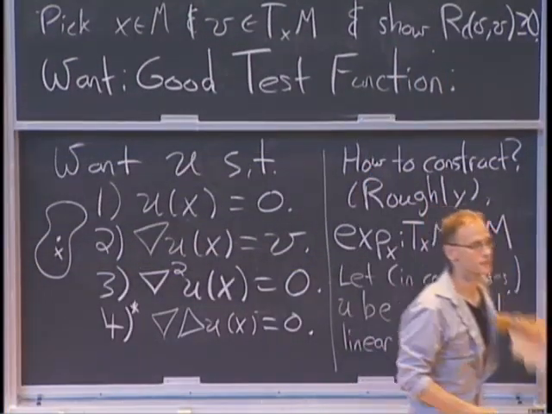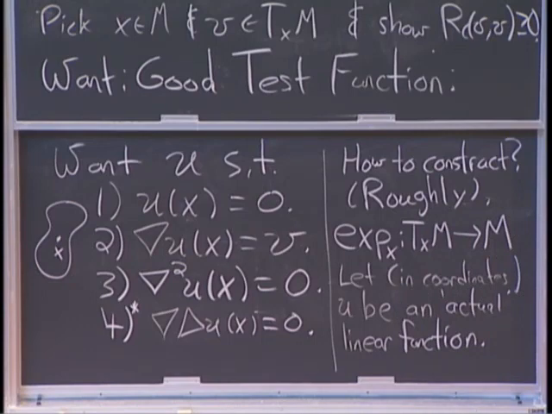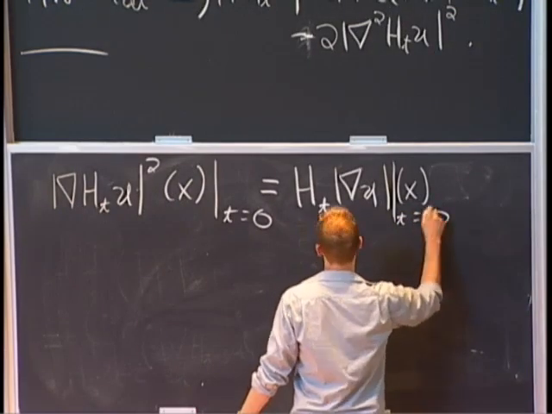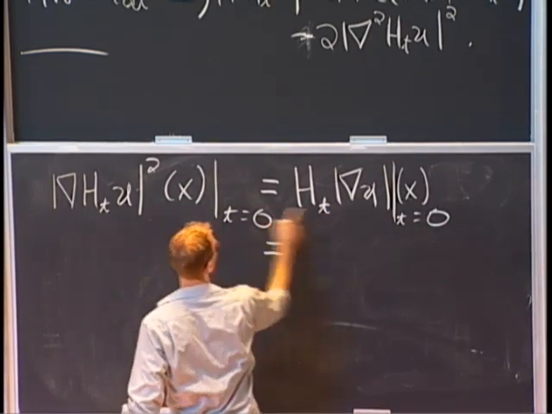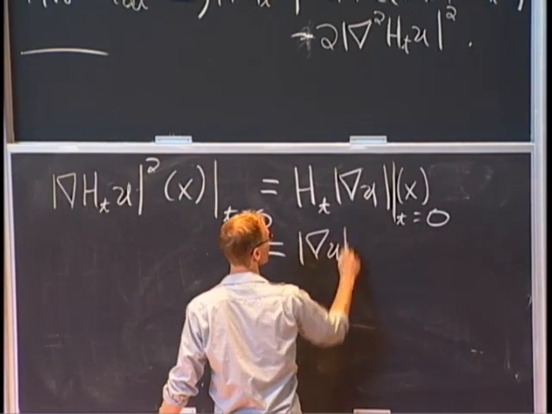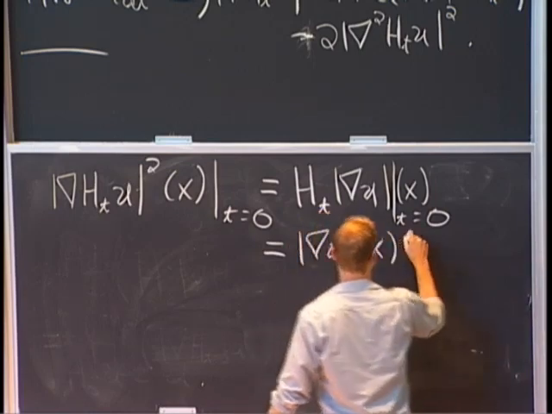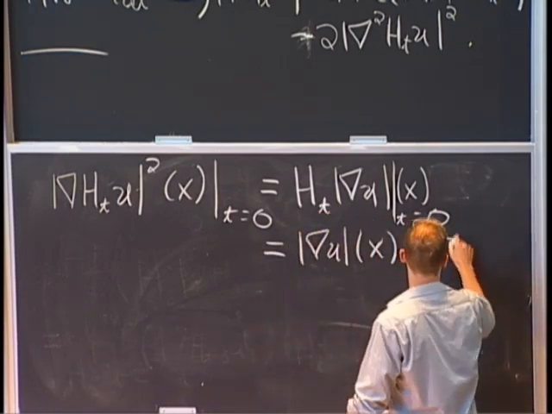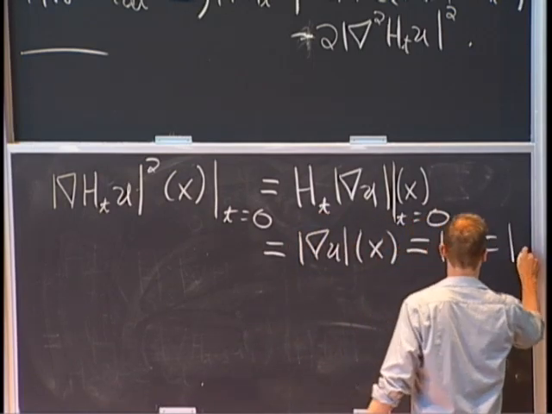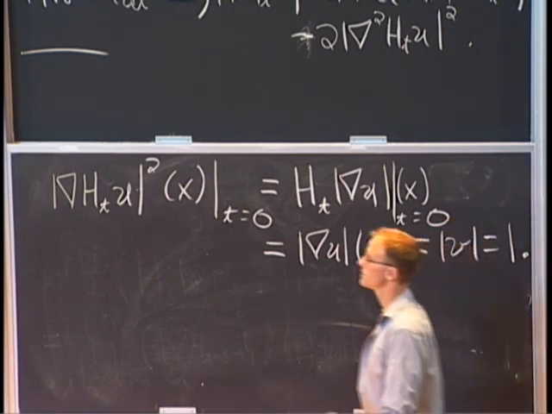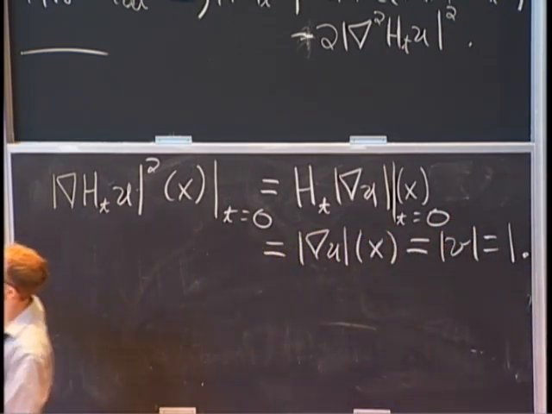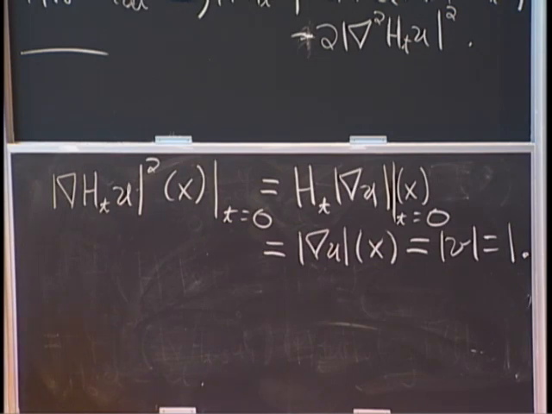So it's a unit vector. Well, the t is 0 in both cases, so this is just the gradient of u at x. And that's v, which is 1. So if we're doing a Taylor expansion of this thing on both sides in terms of t, the leading order term is just 1.